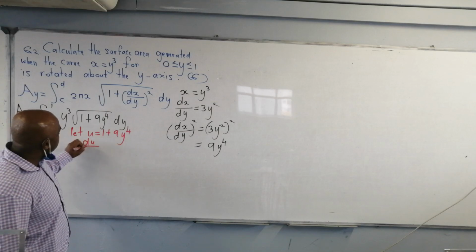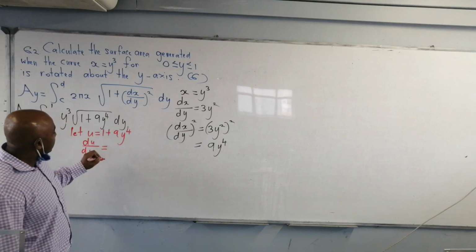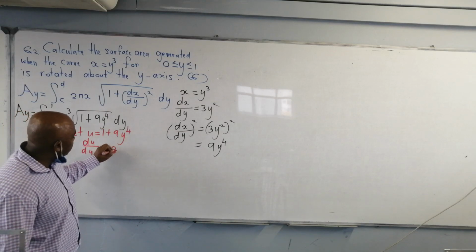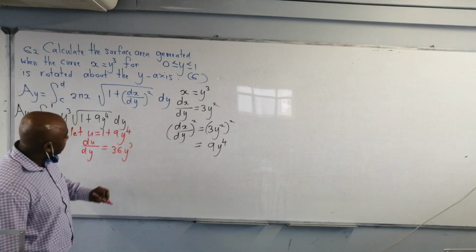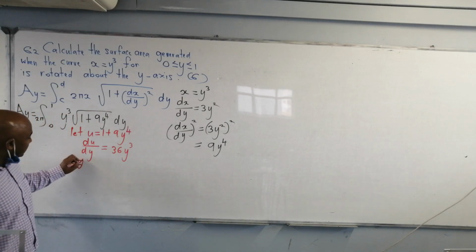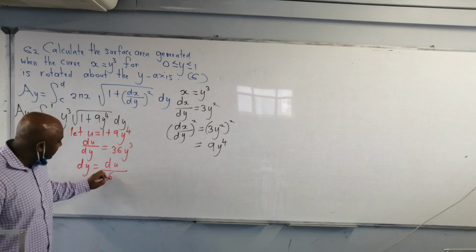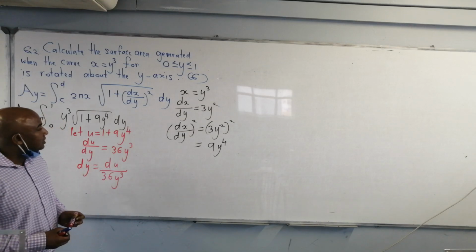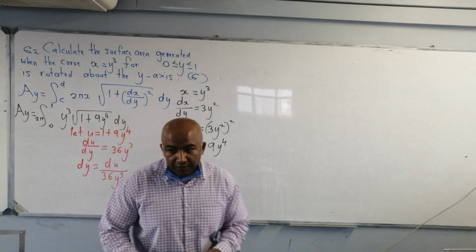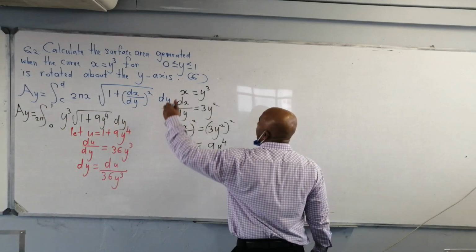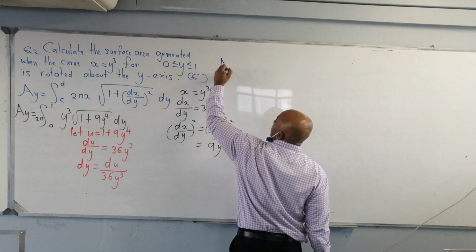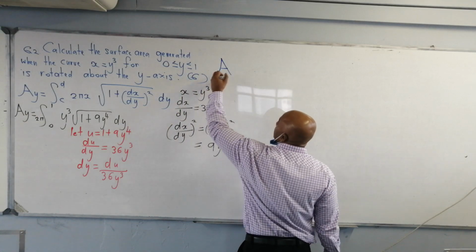So then du/dy, the derivative here, 9 times 4, that will be 36y cubed. Make dy the subject of the formula, which is going to equal du divided by 36y cubed. Okay, the main thing is you recognize that it is type A. This is your N5 work.